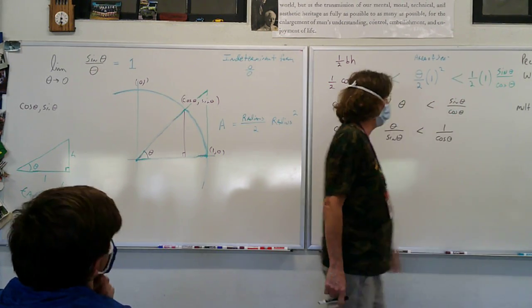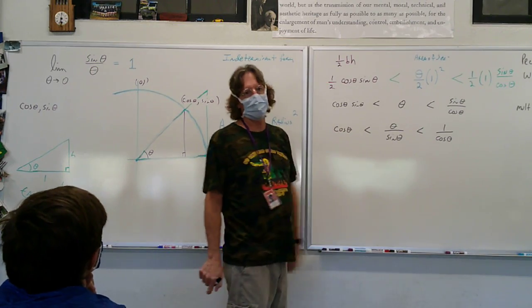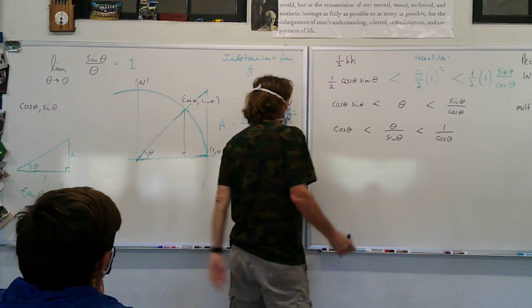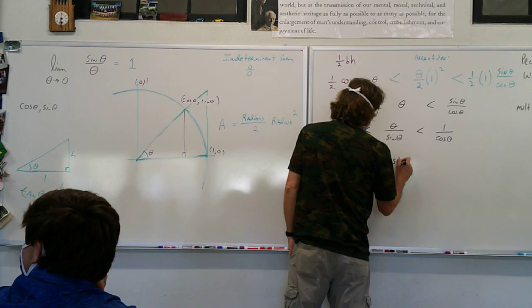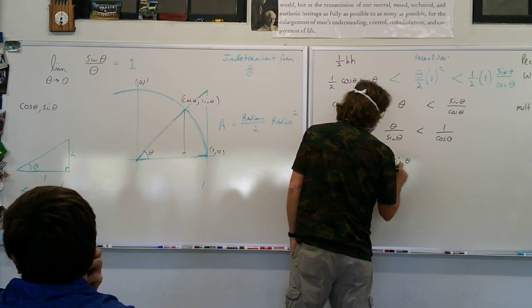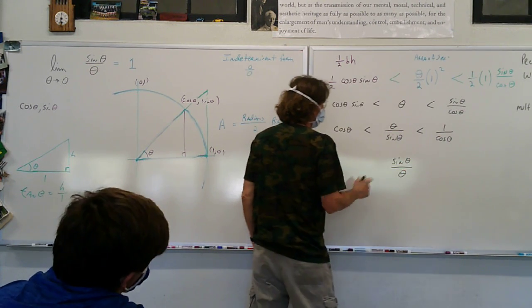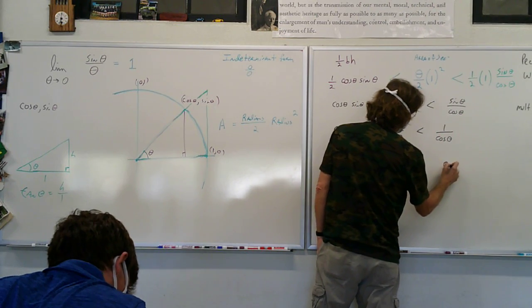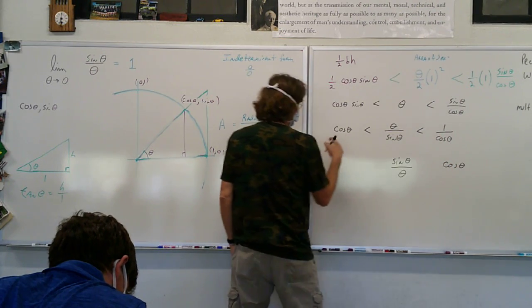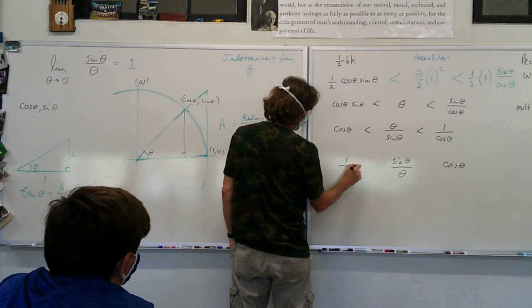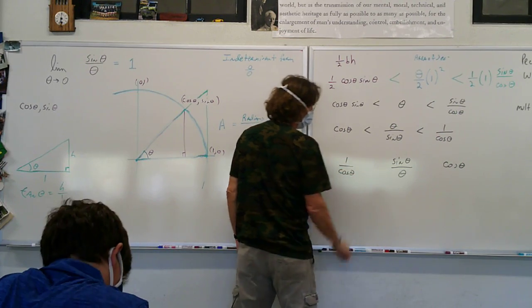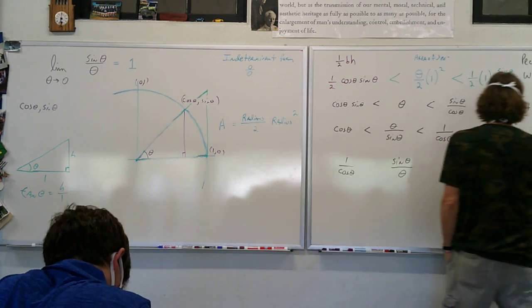Fair enough? Except somebody says, Mr. Evans, that's not what you're trying to prove. You're right, it's not. I'm going to take the reciprocal of it. But if I take the reciprocal of that one, I've got to take the reciprocal of this one. And I've got to take the reciprocal of this one. Took the reciprocals.